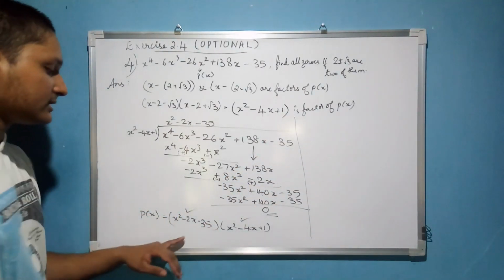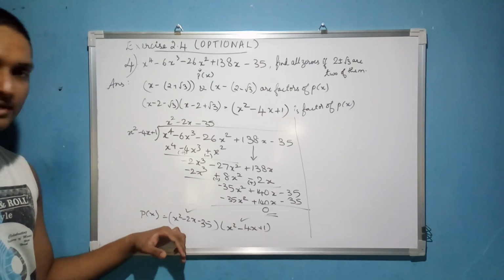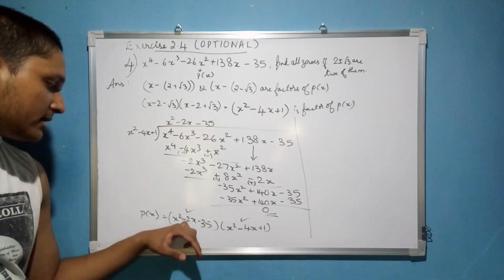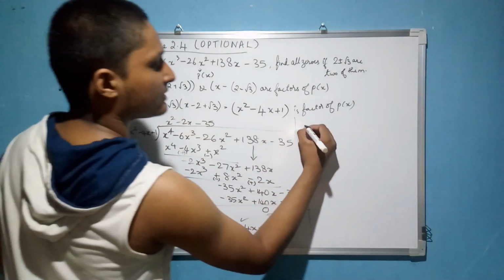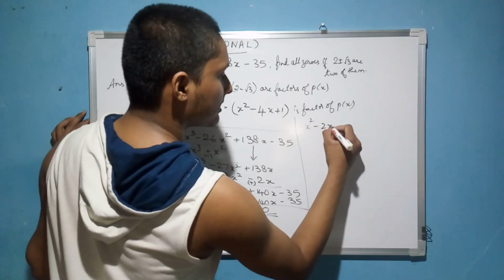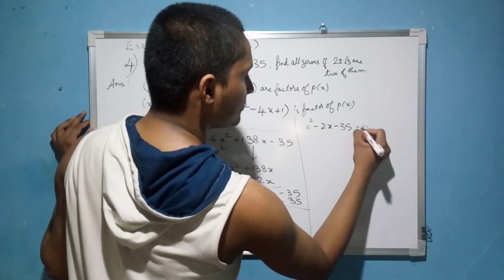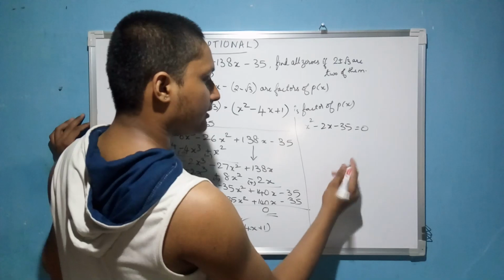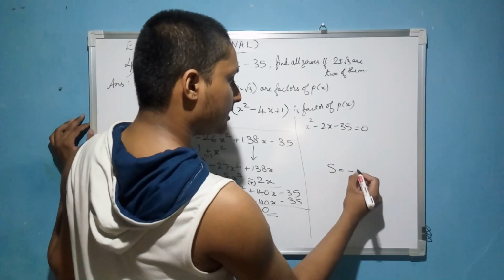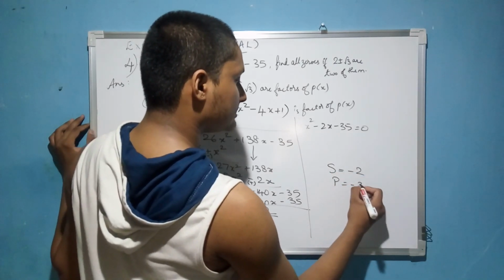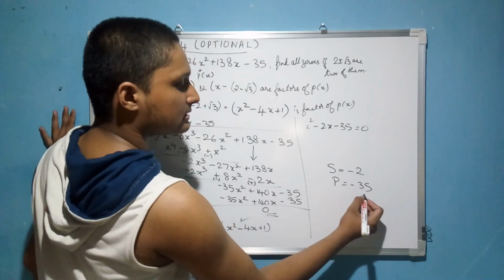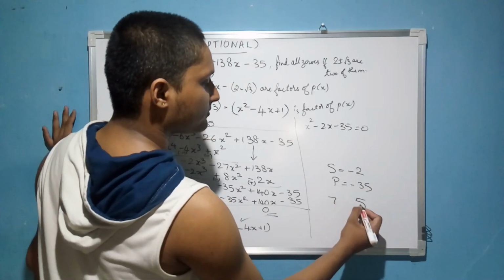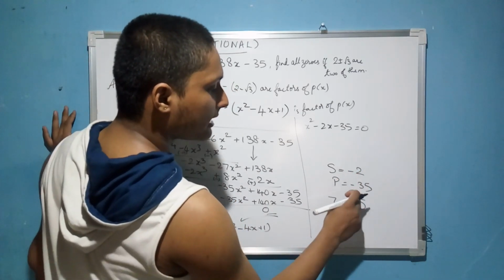So the next part is you just find zeros based on this factor, that is x square minus 2x minus 35. x square minus 2x minus 35 equal to 0. So I need to find the factors, splitting of the middle term. Sum is minus 2, product is minus 35. So if it is 35, it should be 7 and 5, because the difference is 2 and the product is negative.